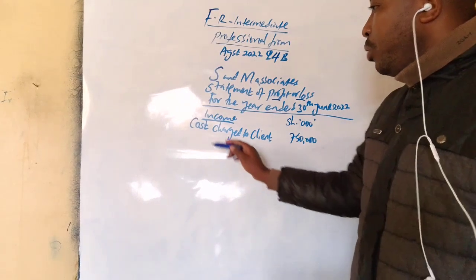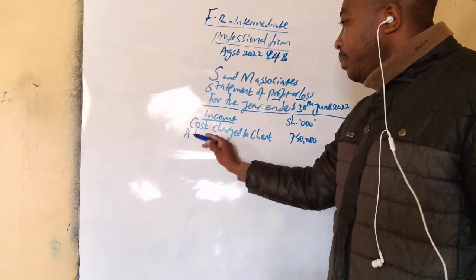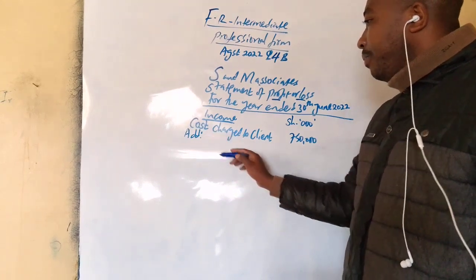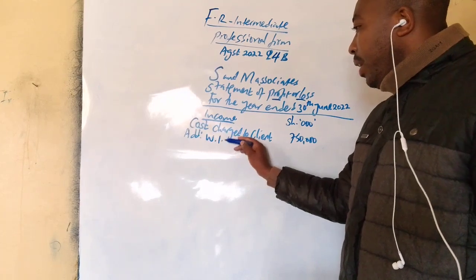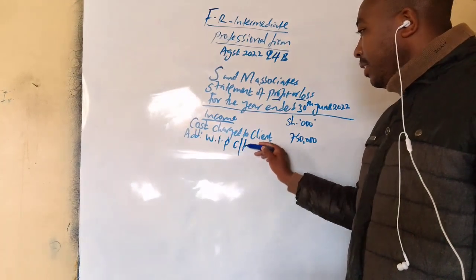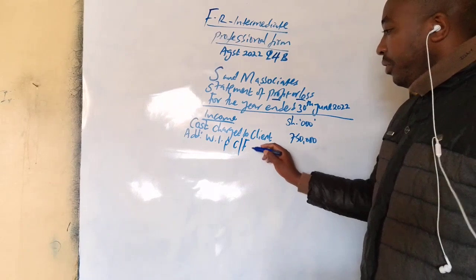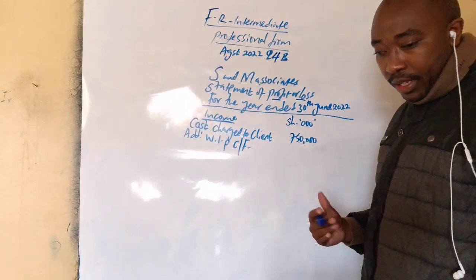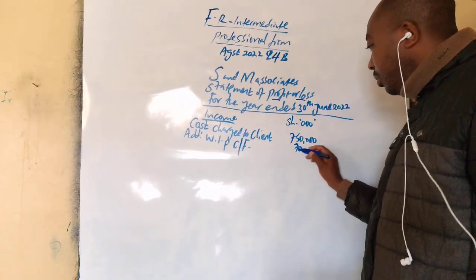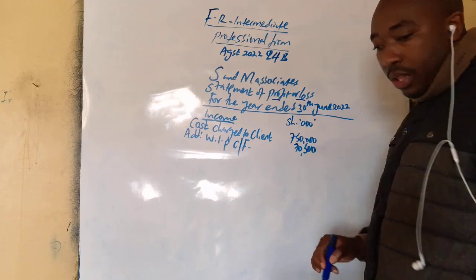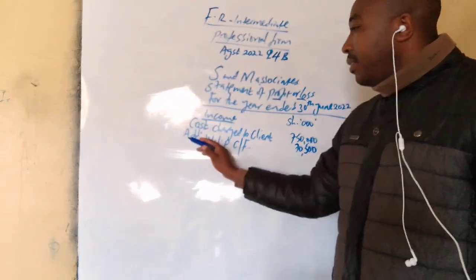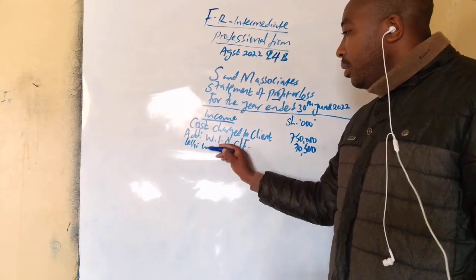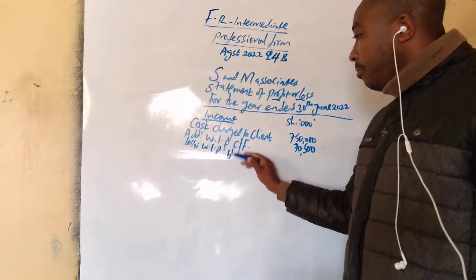So what we do, when you have work in progress, we add work in progress carried forward, that is the closing figure, and closing is the one in the additional information, 70,500. Then we less work in progress brought forward.